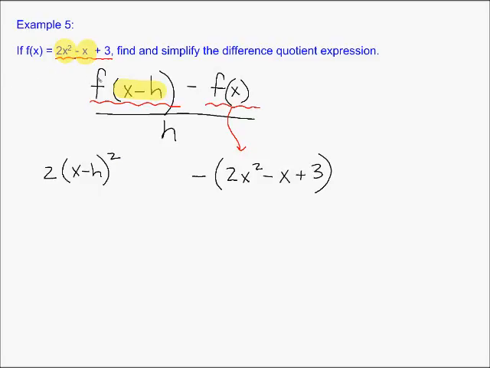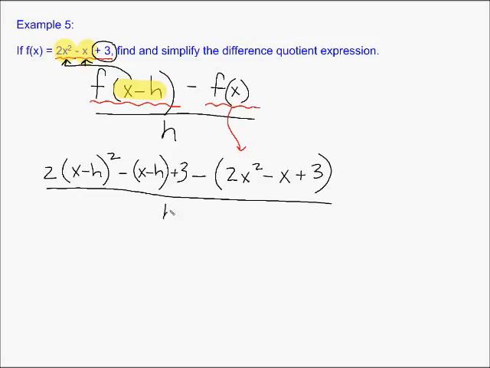So you can see how I took x plus h and I substituted it in for x. I'm going to do the same thing for minus x here. I'll have minus, x plus h, and then plus 3 I bring down, and it's all by itself. And that is all over h.